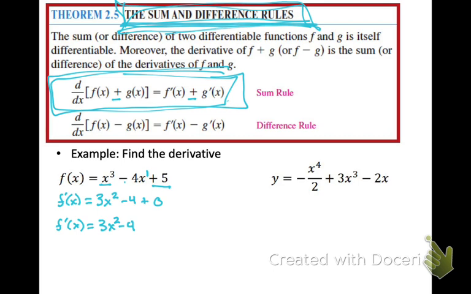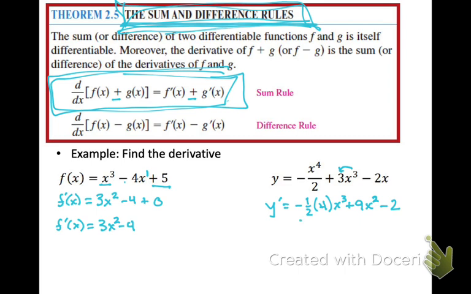Okay, so I basically have y prime, which still means derivative, yes? Yes. So I have negative 1/2 times 4 x to the third power, plus 9x to the second, minus 2.